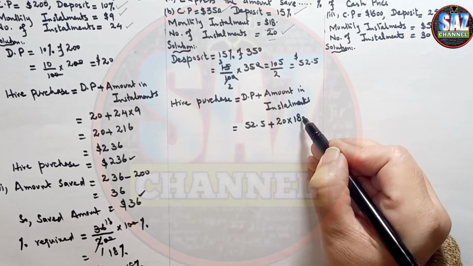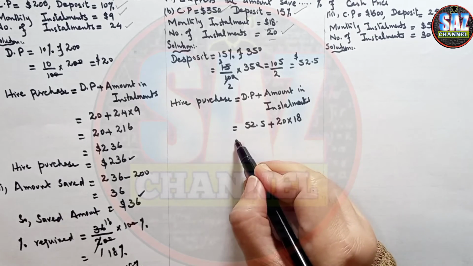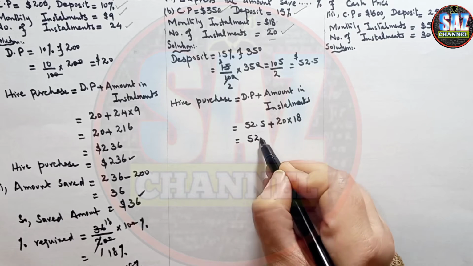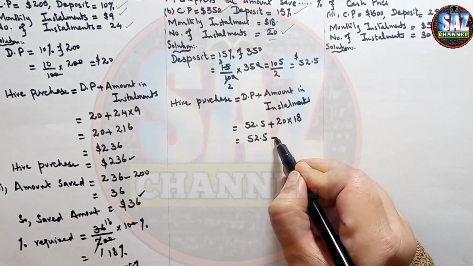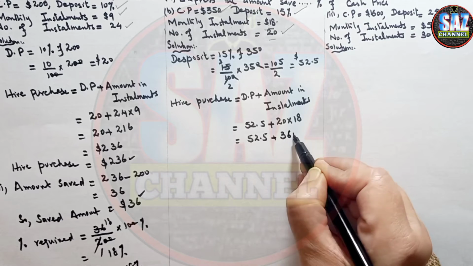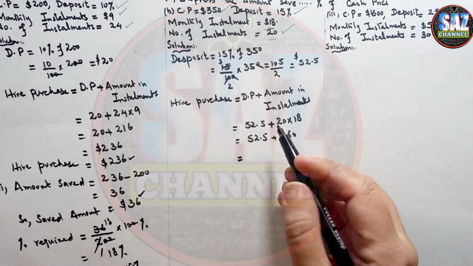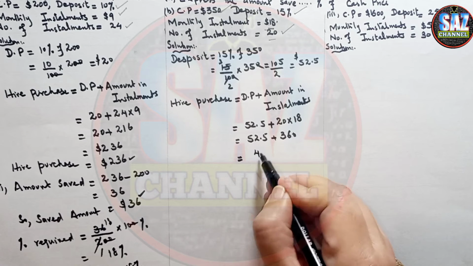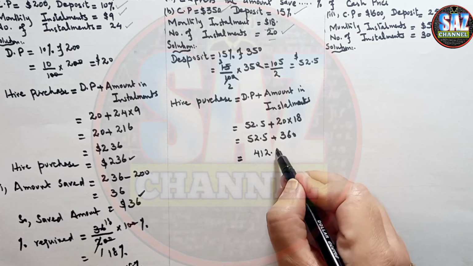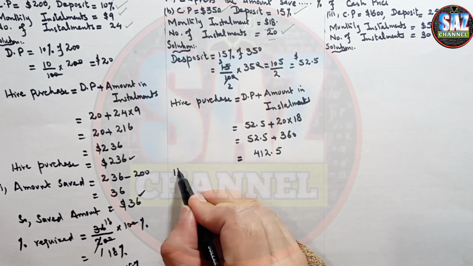In each installment I have to pay $18, so it will become 52.5 plus 18 twos is 36, 360. So the total amount that I have to pay will be 360 plus 52.5, and this is 412.5, $412.5.